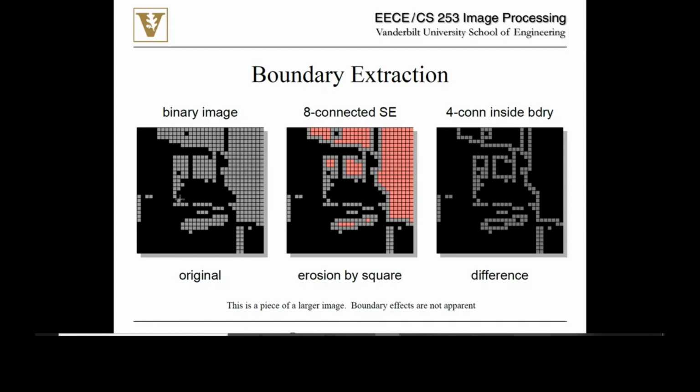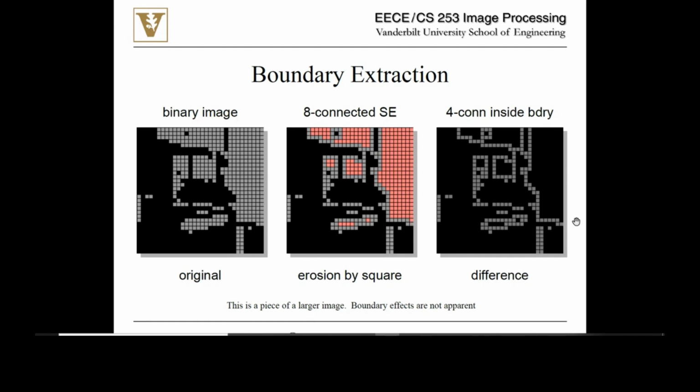Okay, so let's see if we can use the operators that we already have to detect borders. I can take this binary image and erode with a square, Z8, this 8 connected structuring element. And I can compute the difference between the original and the erosion.